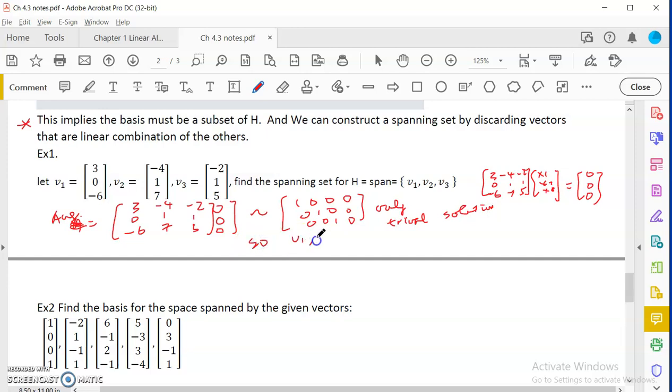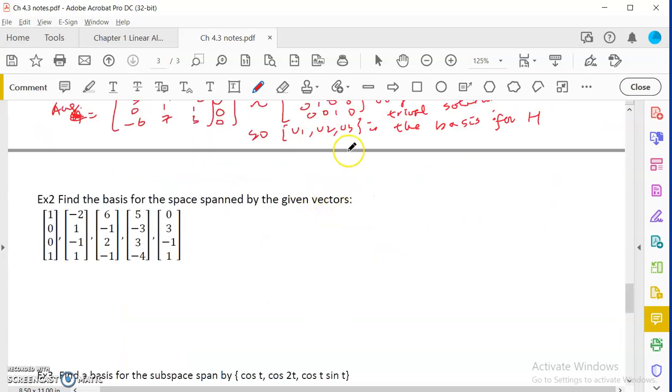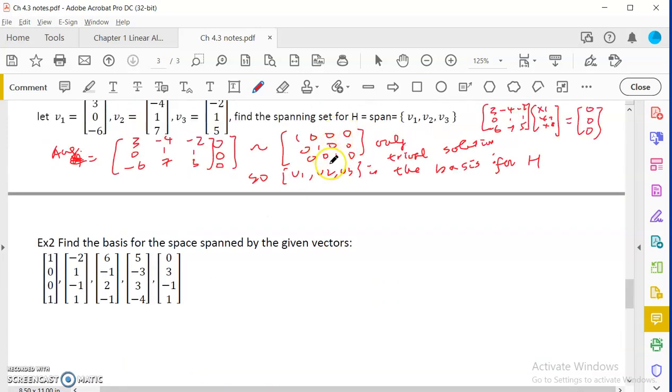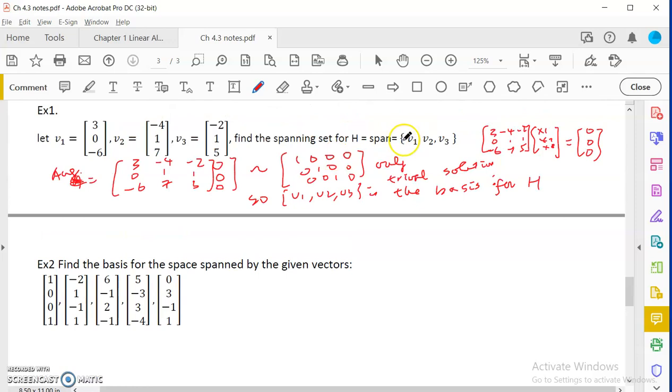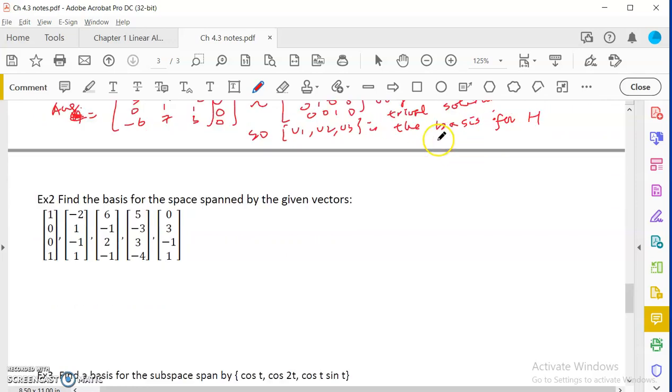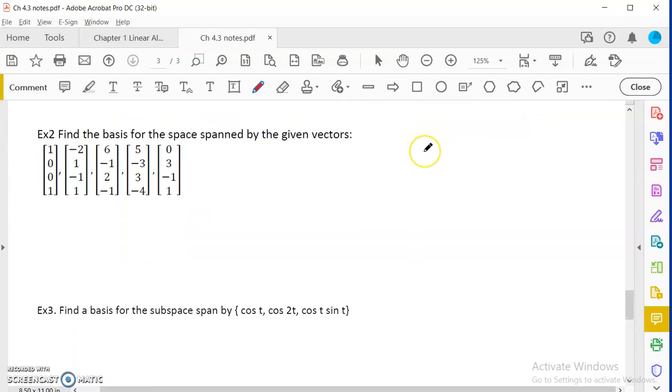V1, V2, V3, I don't have to discard anything, is the basis for H, which is the span of them. So you don't have to go out and invent another set. The spanning set, if you discard all those that are linear combinations, is already a basis.